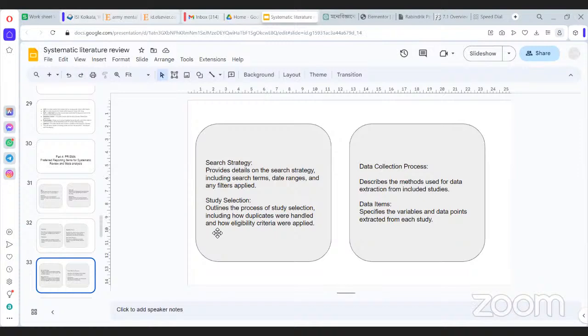Next is data collection process. It describes the methods used for data extraction from included studies. Next is data items. It specifies the variables and the data points extracted from each study.